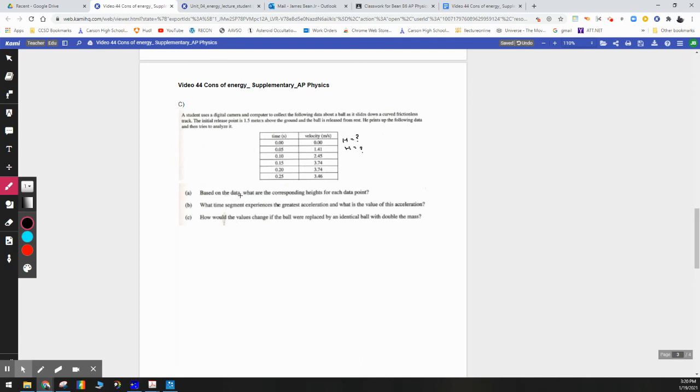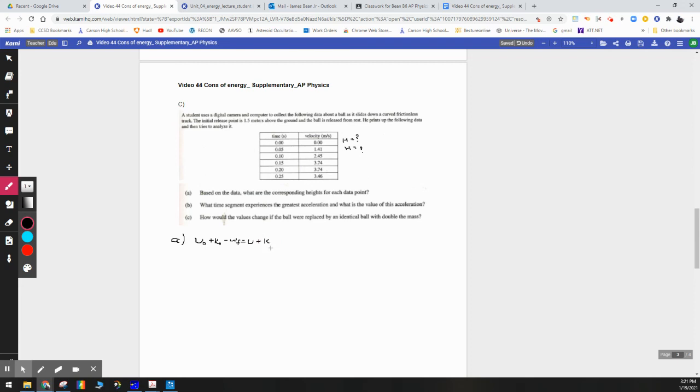Based on the data, what are the corresponding heights? If it has velocity, that means it has kinetic energy, so potential energy is being converted into kinetic energy. Here's how we might approach part A. We have potential energy initial plus kinetic energy initial minus any work done by friction equal to potential energy final plus kinetic energy final.